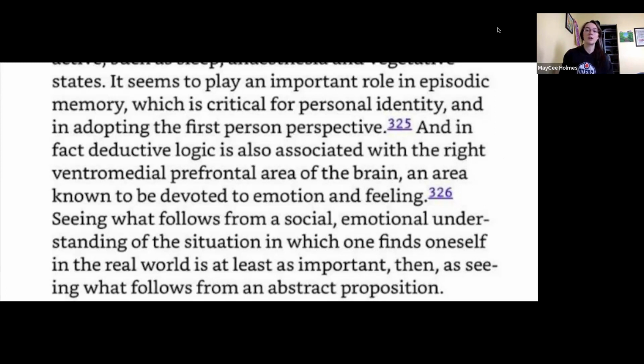So for me, when we're talking about episodic memory, the reason why I bring this up is because when it says seeing what follows from a social, emotional understanding of the situation in which one finds oneself in the real world is at least as important as game theorying from an abstract proposition. I know, Matthew, we don't think game theorying is the same thing, but what I mean is, when you're theorizing abstractly about ideas and concepts, episodic memory is more like memory of daily lived experiences.